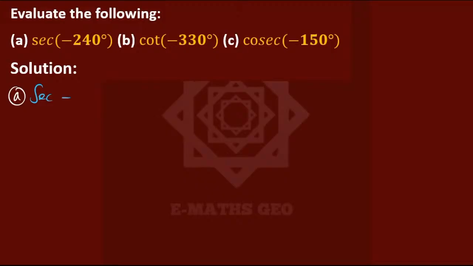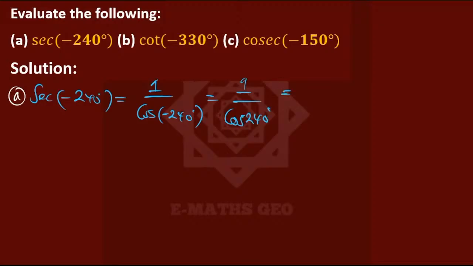So sec negative 240 is 1 over cos negative 240, by the reciprocal identity. And now cos, I told you, is an even function, so just neglect the negative sign.